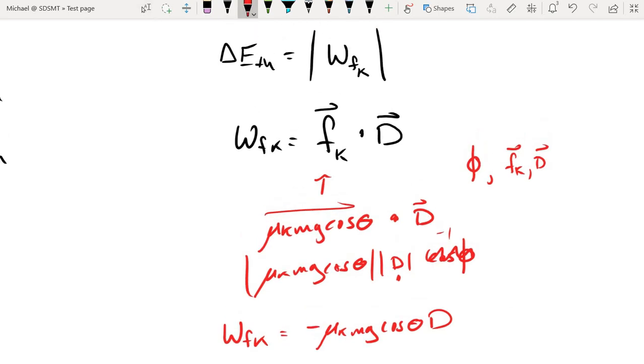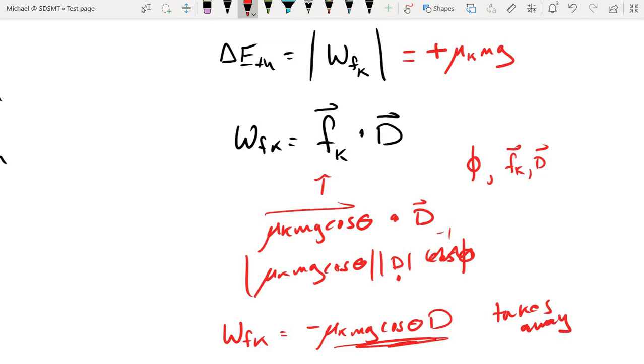To get the thermal energy created by friction, all we need is to take this energy, which friction has stolen from our system, and we put it back in as thermal energy. So our friction takes the energy away.